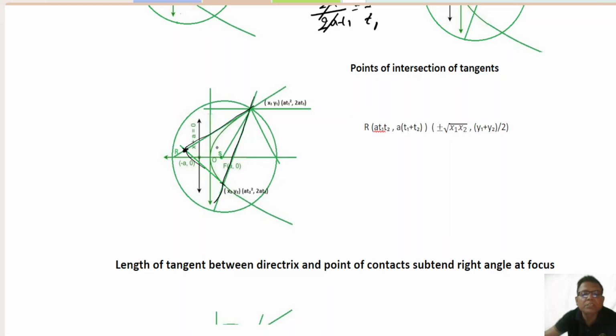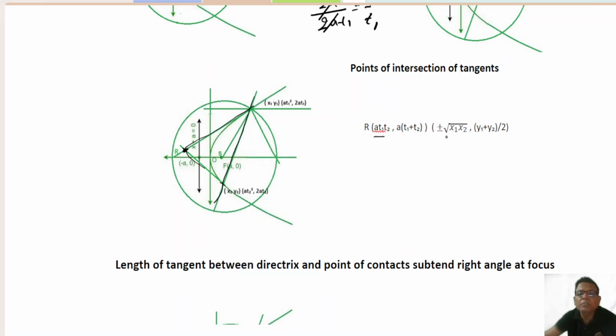This is the point of intersection, so the point of intersection will be a t1 t2, a(t1 plus t2), because it's t1 and this is t2.